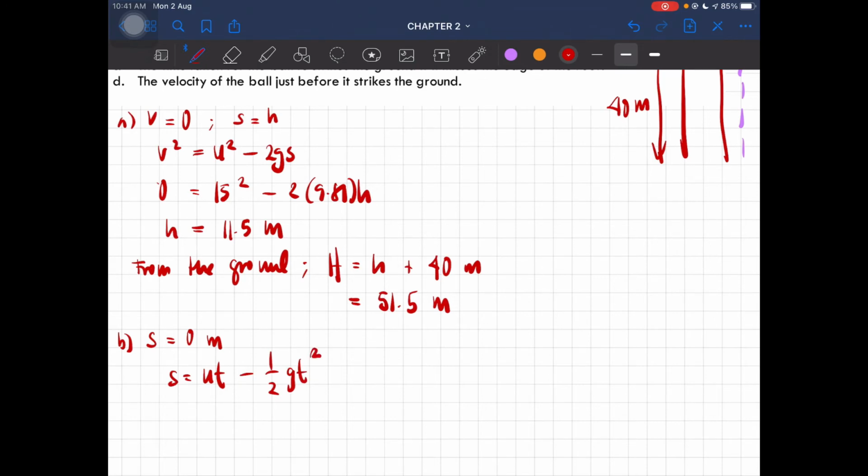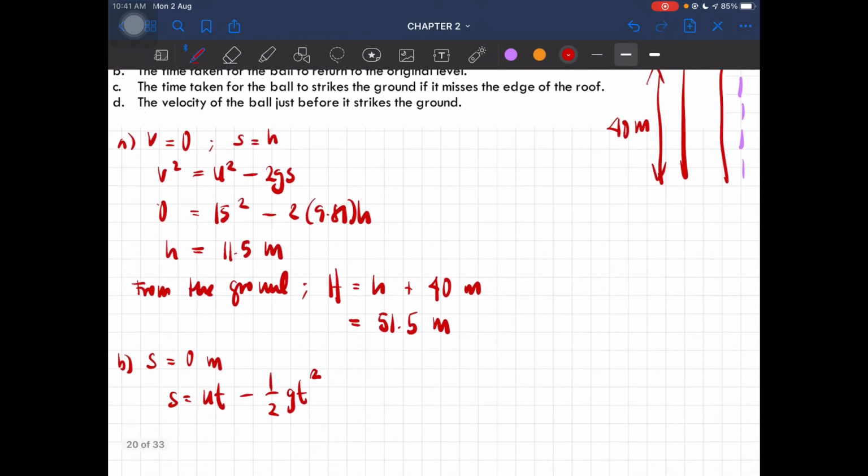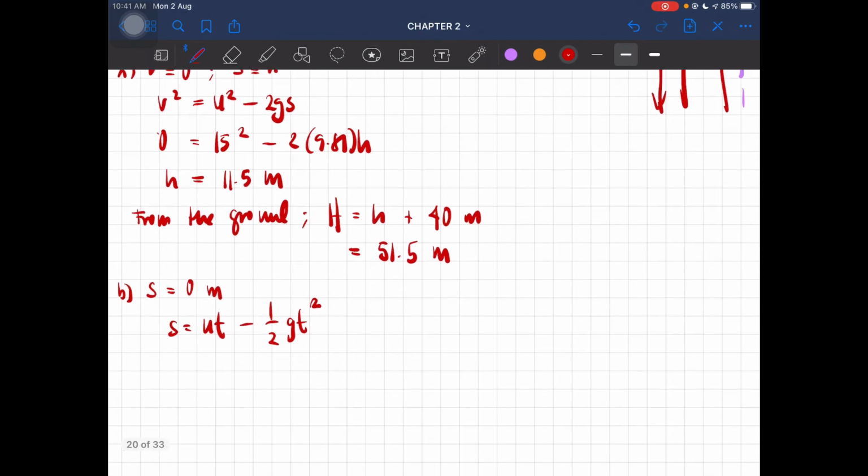Okay, so this one we are looking for the time taken. Time taken for the ball to reach its original level, so we let that equal to 0 here, and then we have 15t minus half 9.81 t squared. So you will then get the value of 3.06 seconds to be the time taken for it to reach the same level.